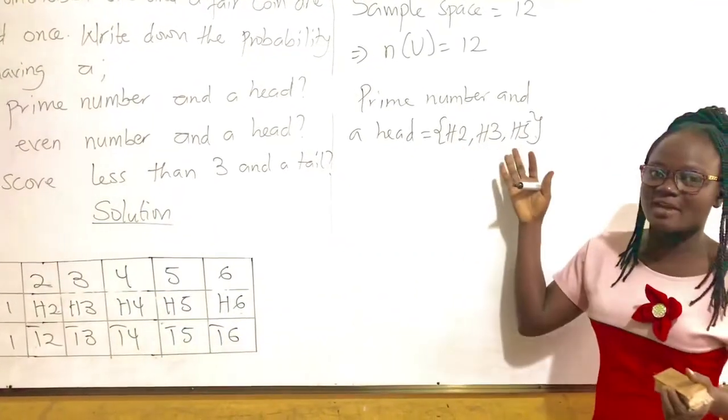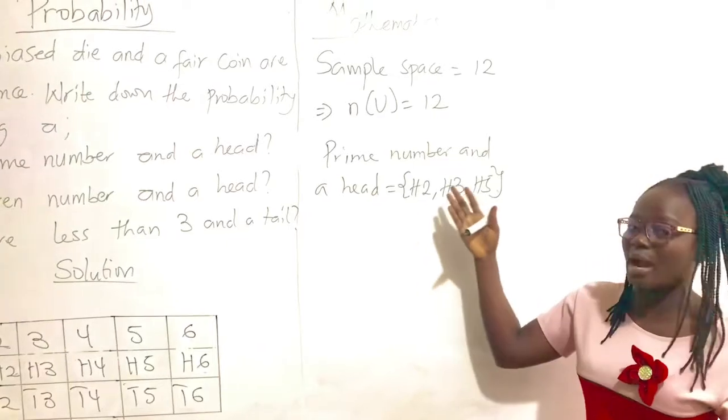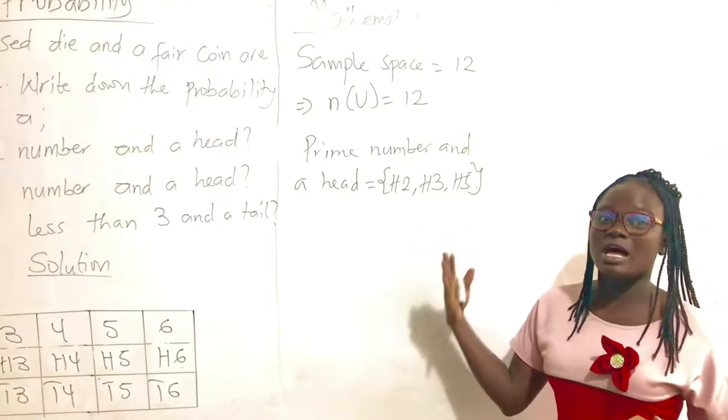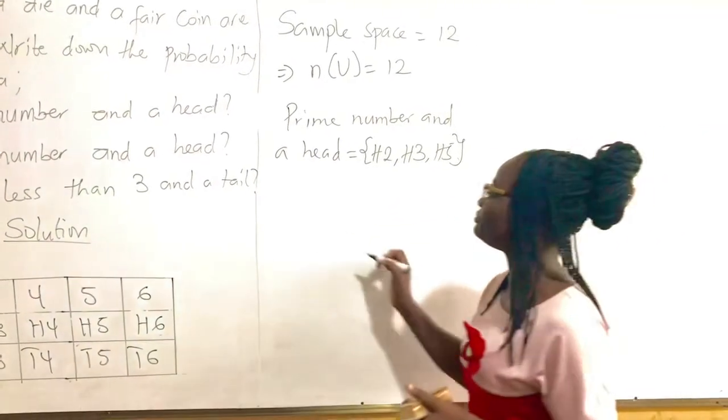So this is the event of obtaining a prime number and a head. Now let's write the probability of it.